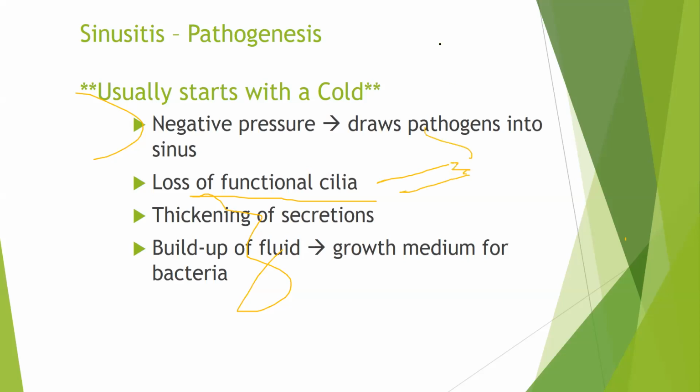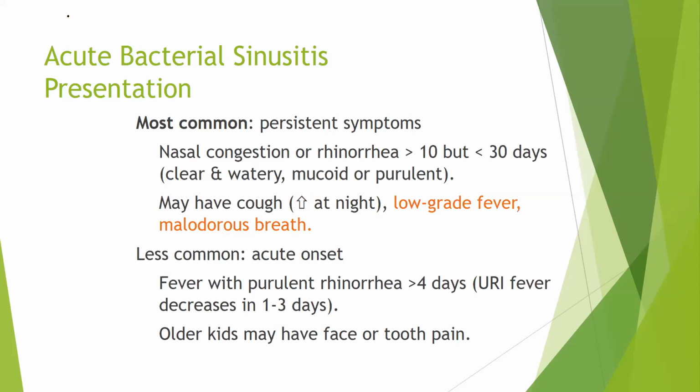Smoking damages those cilia and increases the risk of some of these sequelae of the common cold. Thickening of secretions, that's why we always want to increase fluid intake, and there can be a buildup of fluid and mucus, which is a great medium for bacterial growth.